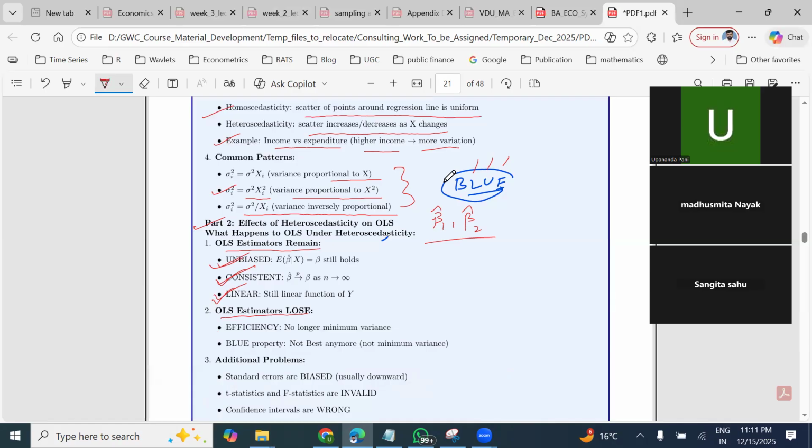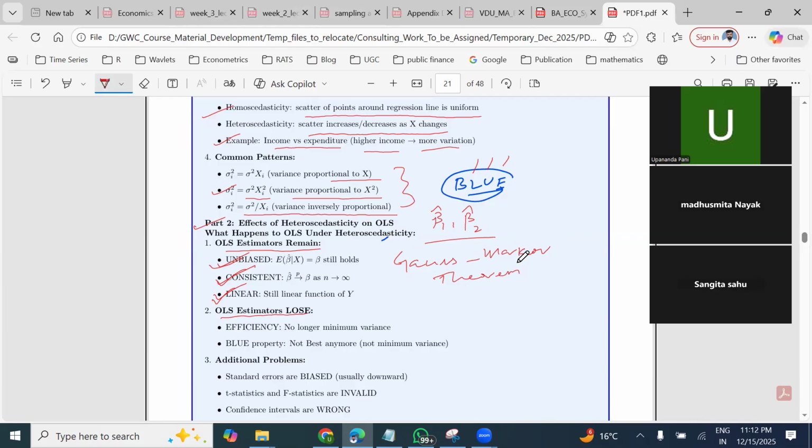First of all, least square estimates usually have some statistical property which is known as the Gauss Markov theorem.